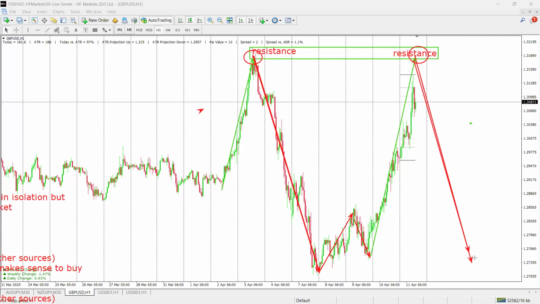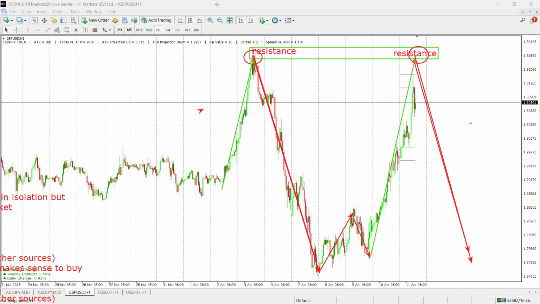So you thinking that a resistance is a place to sell is right, but you forgetting that a market analysis must go before you make this decision, otherwise it is flawed. Why? Because eventually, if the market is still interested in buying pounds USD, they will go beyond that region.